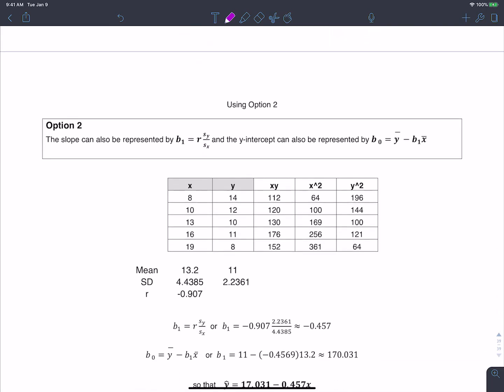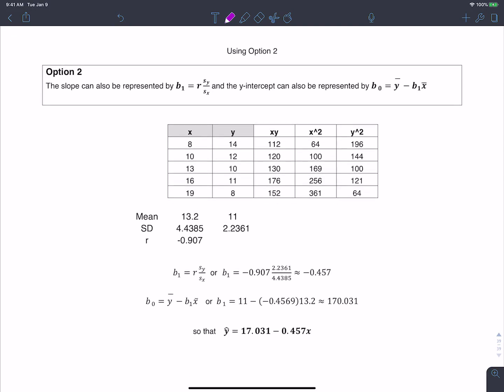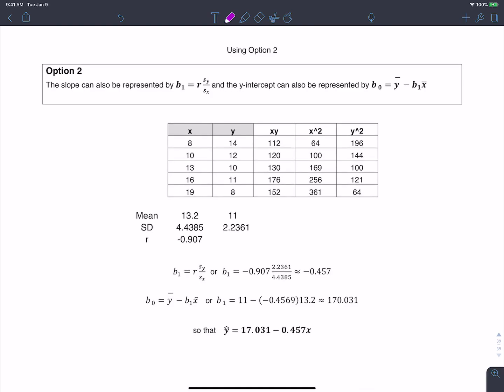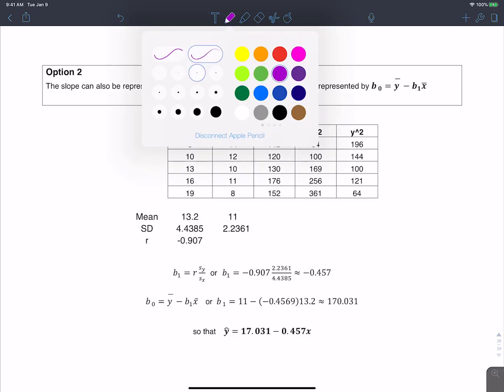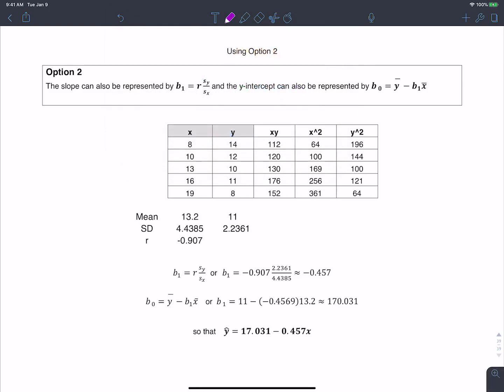So now, I put in your notes here an option 2 using the algebra. Option 2 uses the definitions, like finding stuff like this. Here's my slope here. Option 2, let's change the color here. I have the R value.